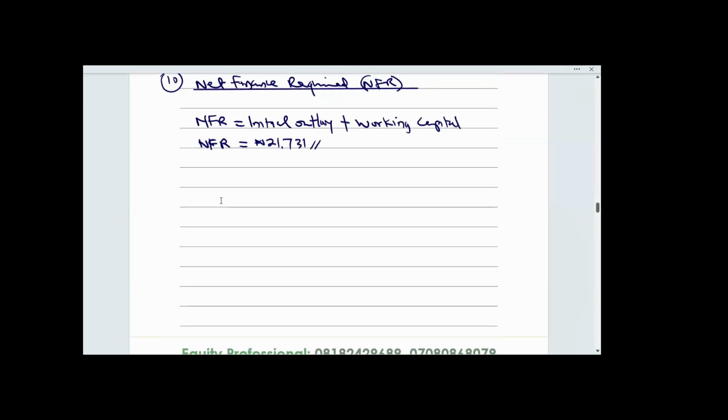To now get the gross finance required, GFR, it will be calculated as net finance required over 1 minus issue cost rate.